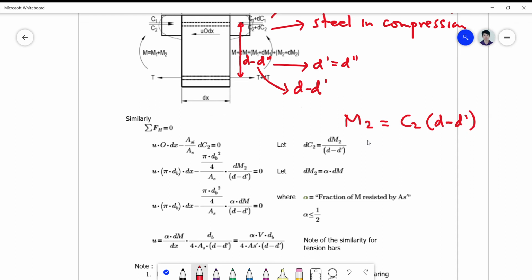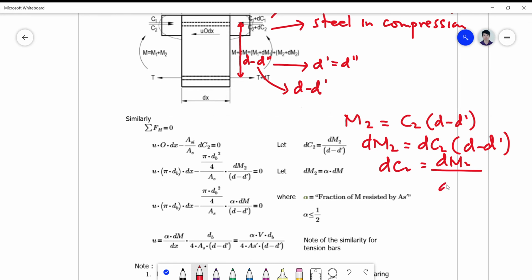If I take the derivative of dM2, this becomes dC2 times D minus D prime. So dC2 now becomes dM2 over D minus D prime.